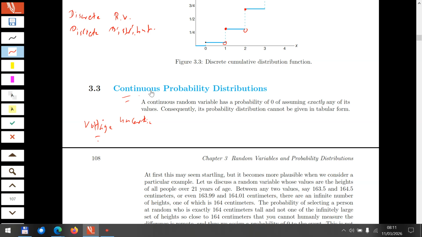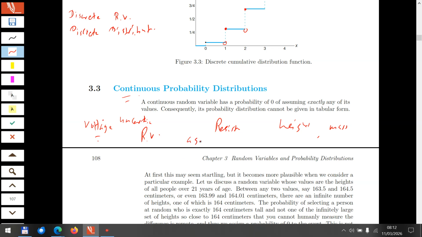So I will model this as a continuous random variable, right? Similarly, resistance, height, mass. Many of the physical quantities you are dealing with, when there is uncertainty, you model them as continuous random variables. That is the easy part.